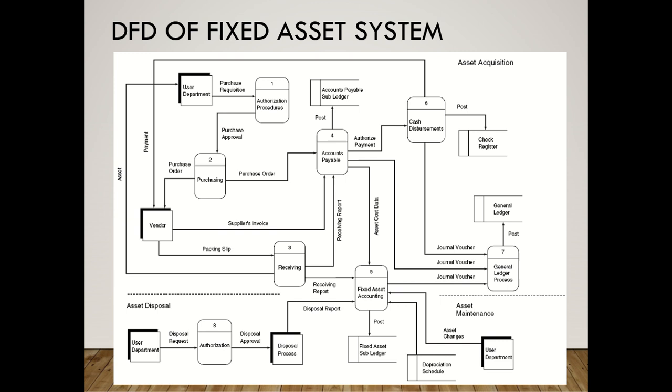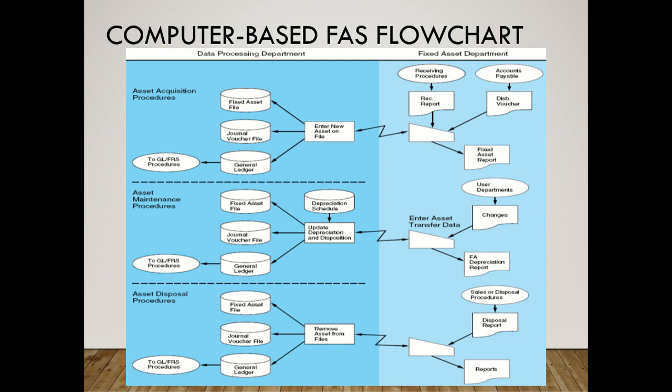Okay, so eventually, meron tayong various departments here, na kasama. Okay, the user department. Okay, we have also the purchasing, and then the accounts payables, the receiving. Okay, cash disbursements. Okay, so i-computerize natin, although we will discuss somehow manual din mamaya.